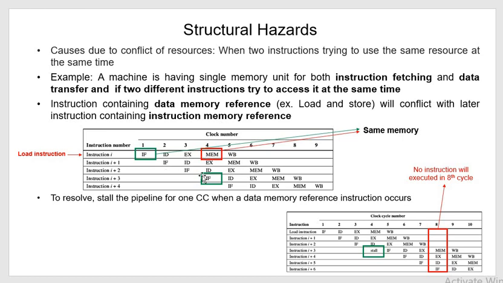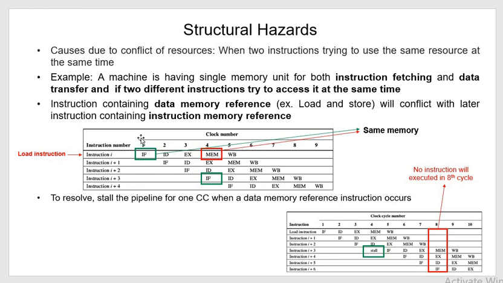Consider a machine with a single memory unit that has to be used for instruction fetching and, at the same time, for data transfer. If two different instructions try to access this single memory unit at the same time, the problem that occurs is called a structural hazard.